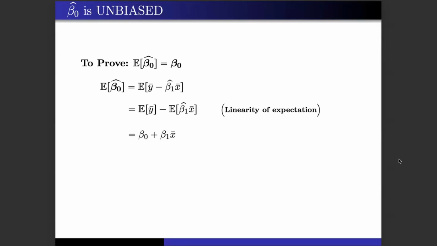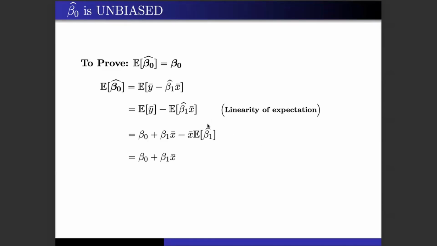And therefore, we can pull it out of the expectation sign and we get the second term equals x bar times expectation of beta 1 hat. Now, if we look at the first term beta naught and the second term beta 1 x bar, we cannot simplify it further. And therefore, we write the first two terms as it is, beta naught plus beta 1 x bar.